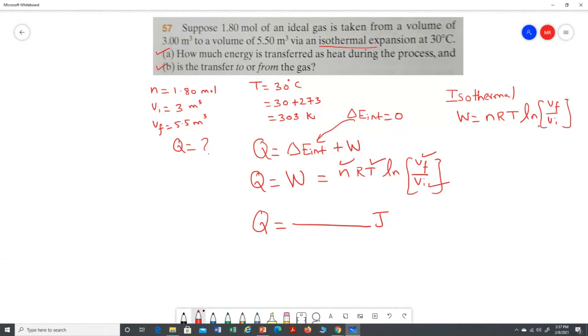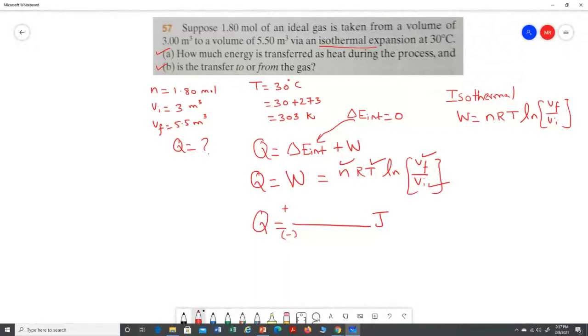If you got a positive answer, it means the heat is transferred to the gas. Clear? Suppose you got a negative answer, what is that? From the gas. Keep this information in your mind.